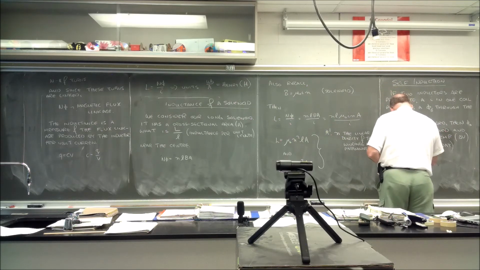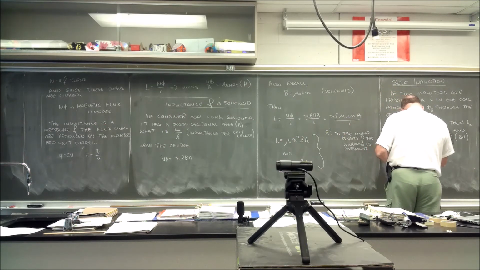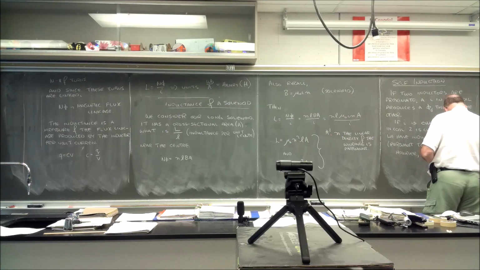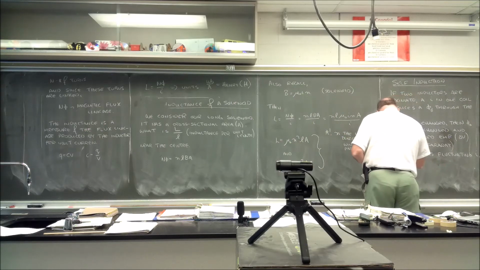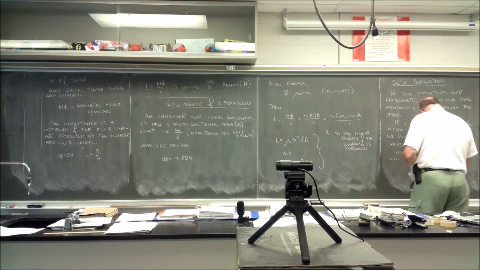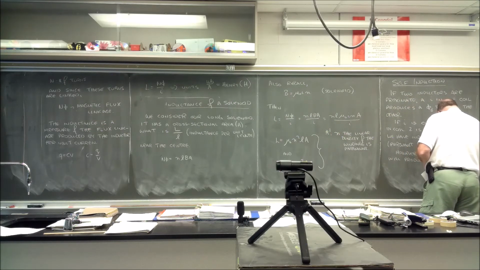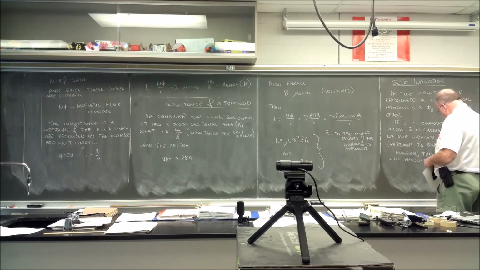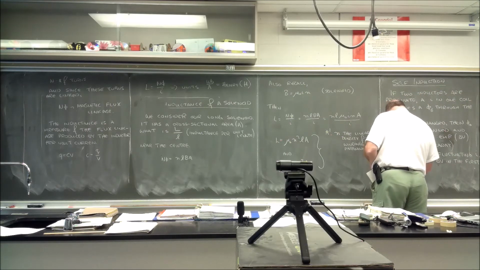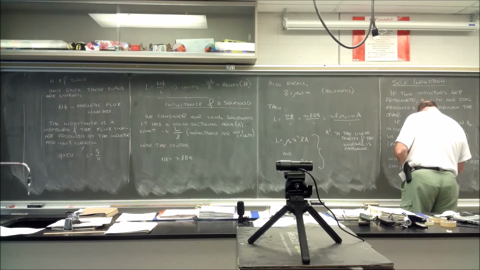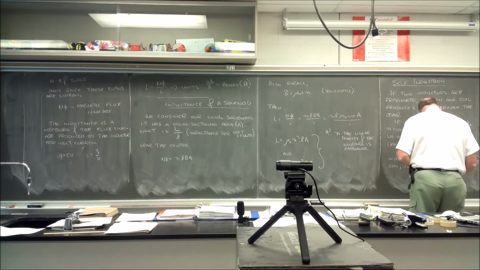However, this fluctuating current will produce a potential difference in the first coil. And this will oppose the current.